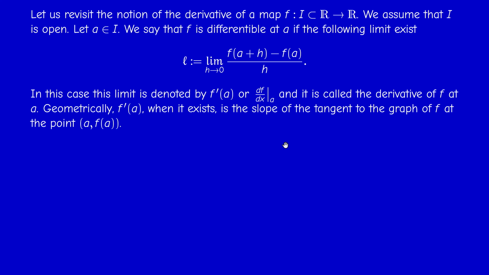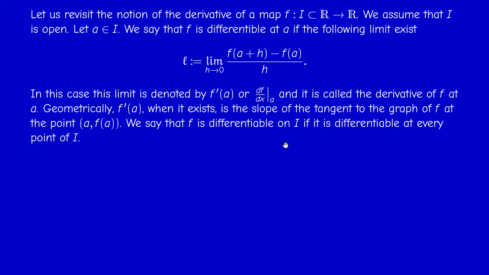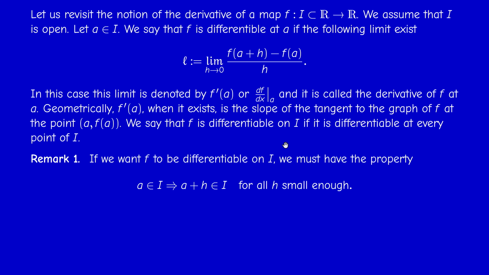Now we say that f is differentiable on its domain if it's differentiable at every point of the domain. So first we define the derivative at the point, or differentiability at the point, and then we define differentiability along the whole domain. And now, why do we need the condition that the domain is open? Because in order for this ratio to exist, we need to ensure that a plus h is in the domain of f.